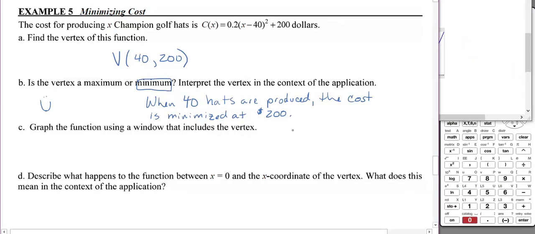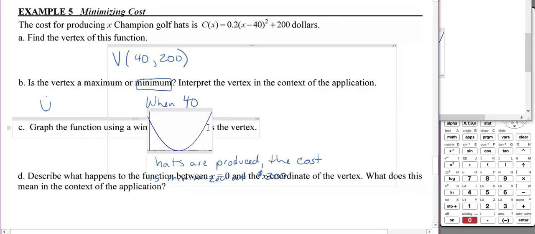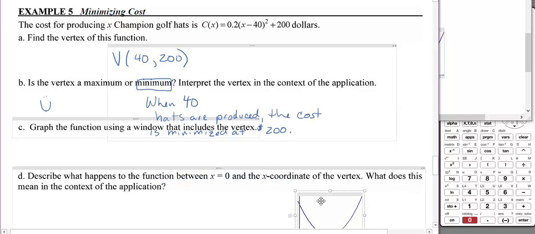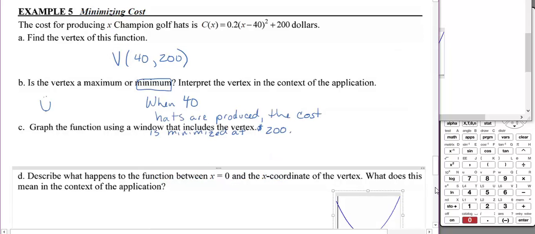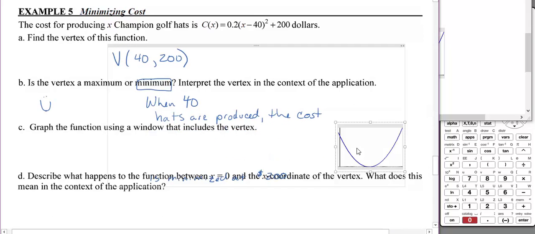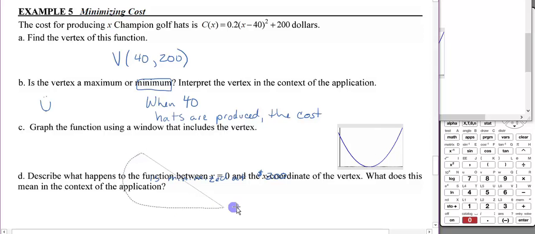Between that x value of 0 and the x value of 40 coming from the vertex, we always end up with the cost decreasing, and then after that the cost increases. So between x equals 0 and 40, what does it mean?